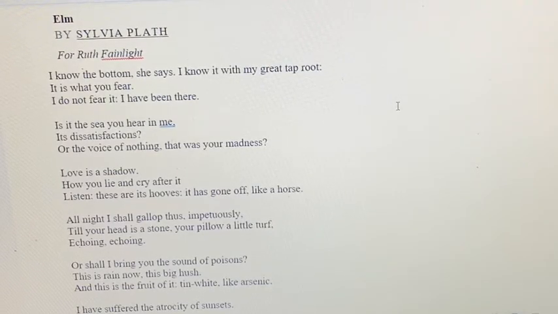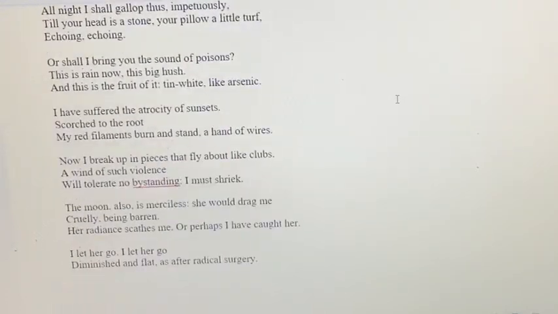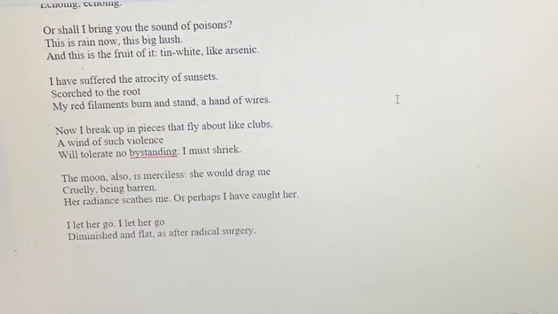Or shall I bring you the sound of poisons? This is rain now, the big hush, and this is the fruit of it, tin white like arsenic. I have suffered the atrocity of sunsets, scorched to the root. My red filaments burn and stand, a hand of wires. Now I break up in pieces that fly about like clubs.